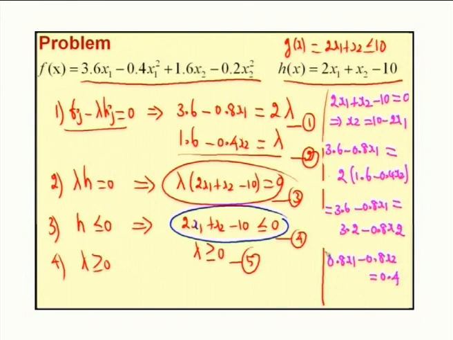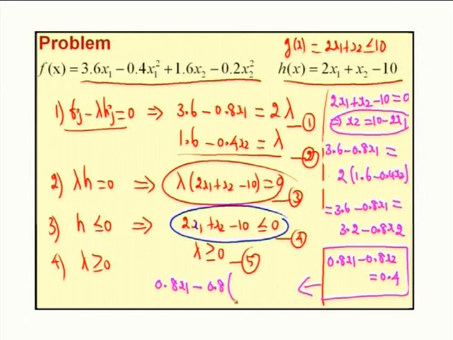Now, in this equation 0.8 x1 minus 0.8 x2 equal to 0.4, I will make use of x2 equal to 10 minus 2x1. So, this equation can be rewritten as 0.8 x1 minus 0.8 into (10 minus 2x1) equal to 0.4.